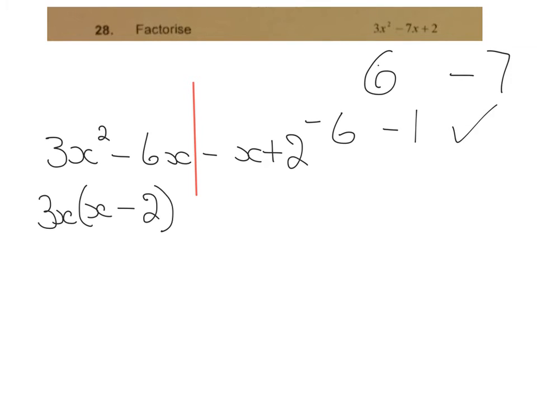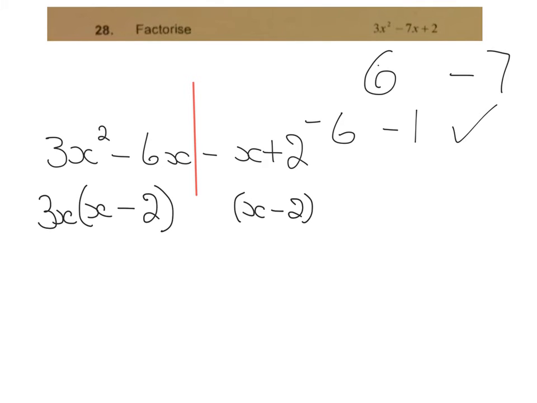Now we're going to pull out our common factor on the other side. Now we need to have what's inside our brackets matching. So I need x minus 2. If you look, it really means that we need to change the signs. And in order to create the opposite sign, we are going to multiply by negative 1.